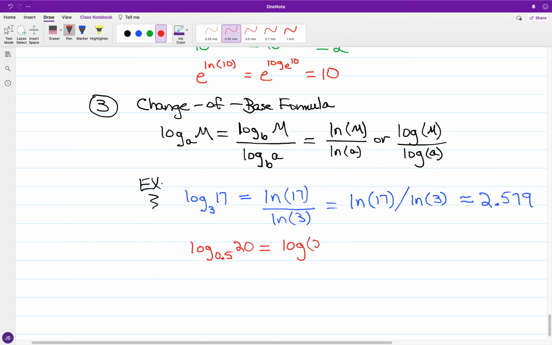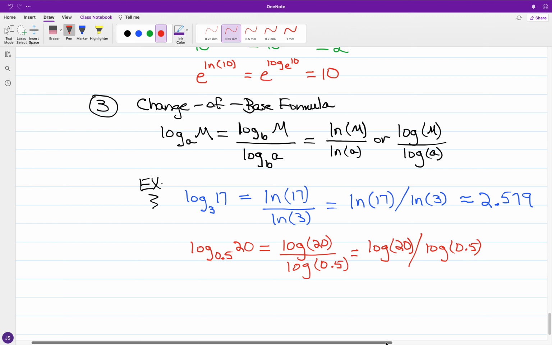So I have the base 10 logarithm of 20 over the base 10 logarithm of 1/2.